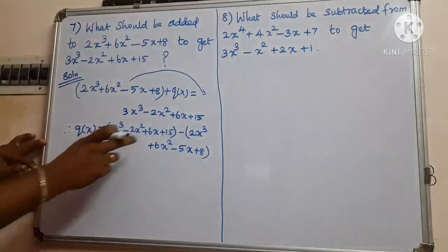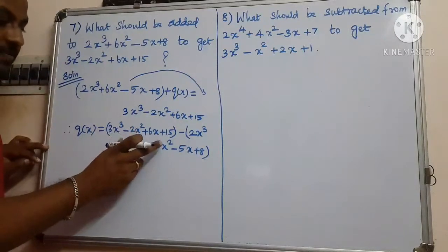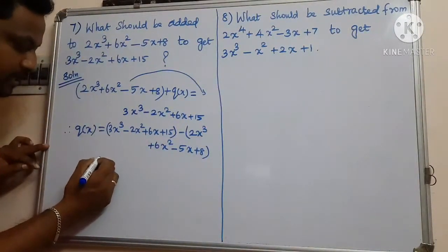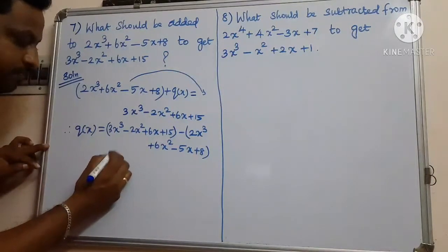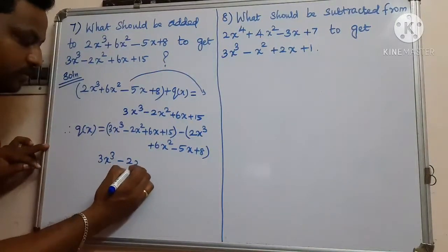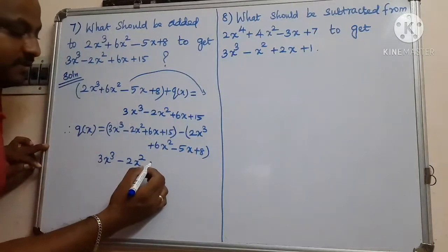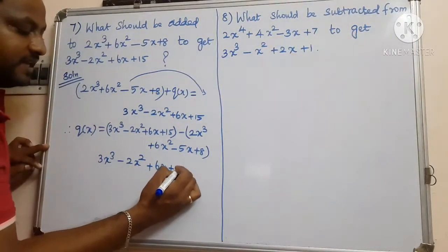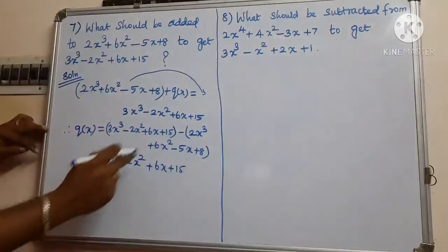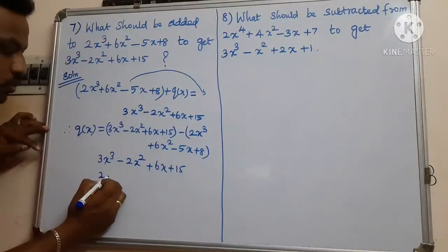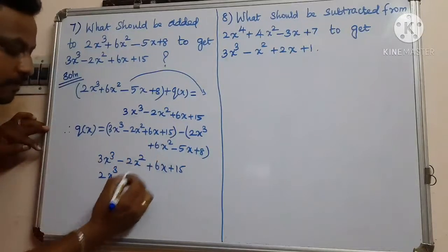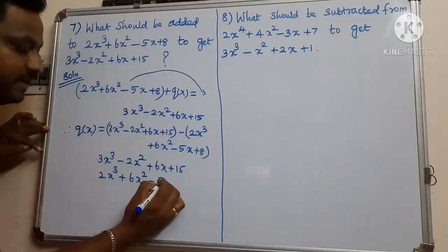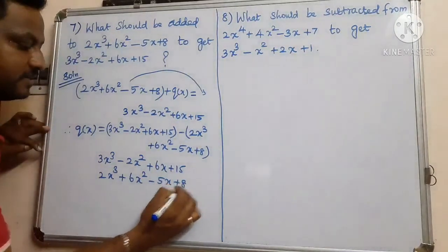So you have to subtract this polynomial from the first polynomial. Now 3x cube minus 2x square, as we did before, plus 6x plus 15 is the first polynomial, and then the second polynomial is 2x cube plus 6x square minus 5x plus 8.